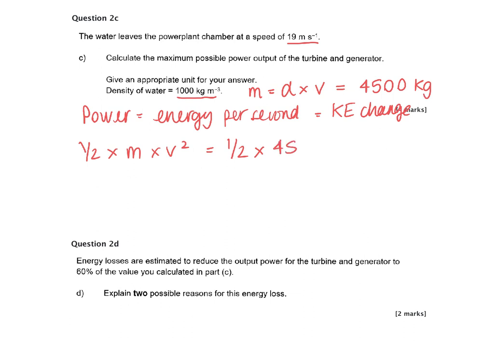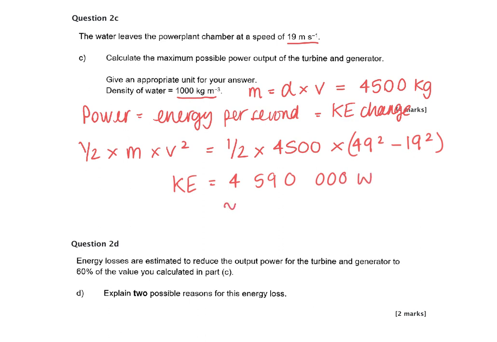So that's the mass that's passing through every single second. And then for our velocity change, we've got our initial velocity from part A, and we're going to take away the velocity in this question, pop that in brackets, and therefore our kinetic energy, or our power, is going to equal 4,590,000 watts, which is roughly 5 megawatts.